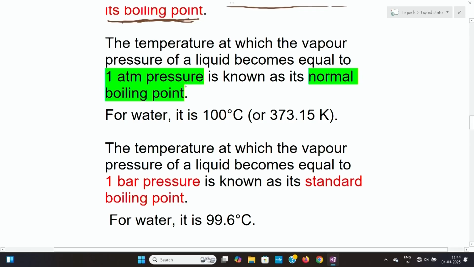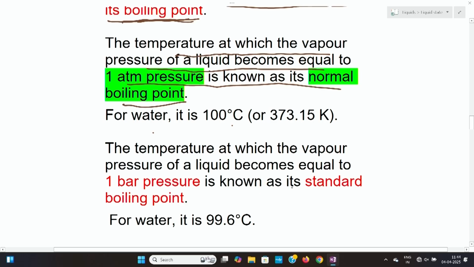Normal boiling point is the temperature at which the vapor pressure of a liquid becomes equal to 1 atmospheric pressure. For water, it is 100 degrees Celsius. So, the normal boiling point of water is 100 degrees Celsius.